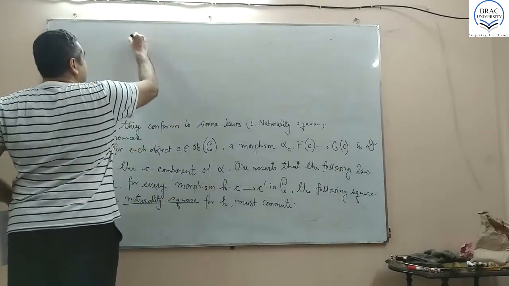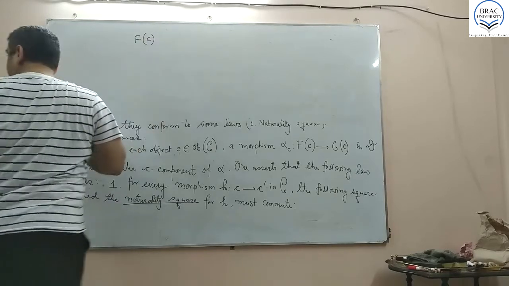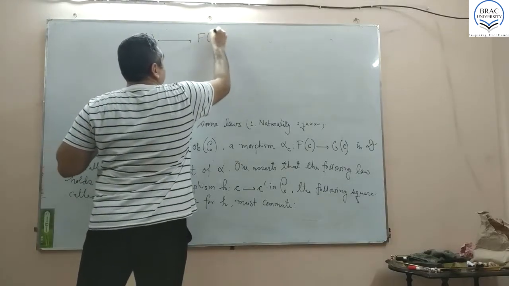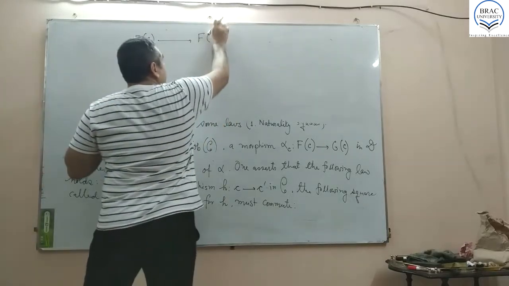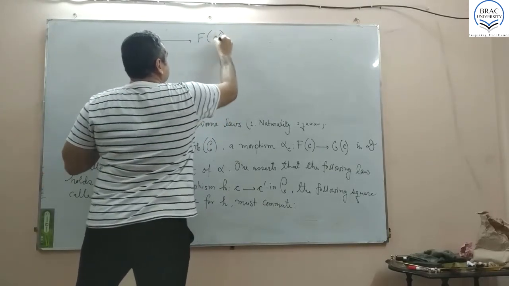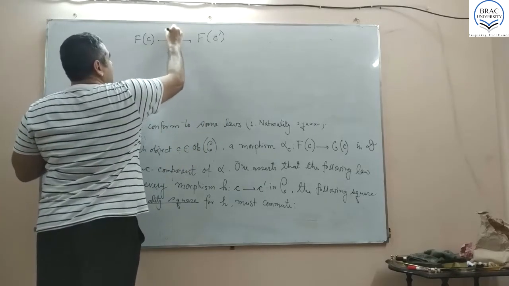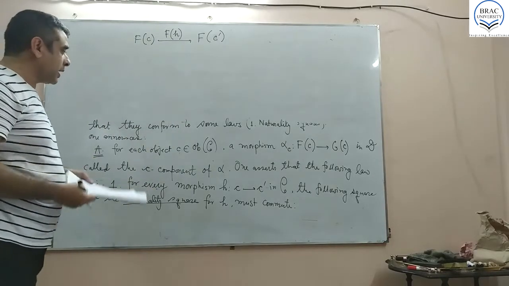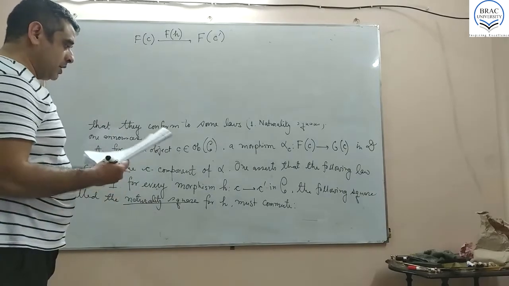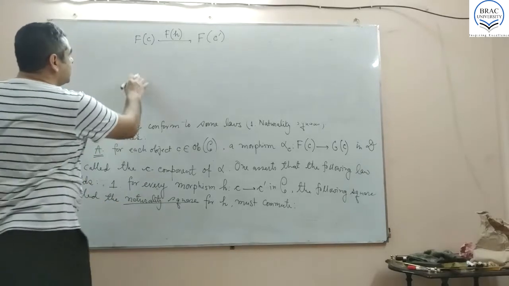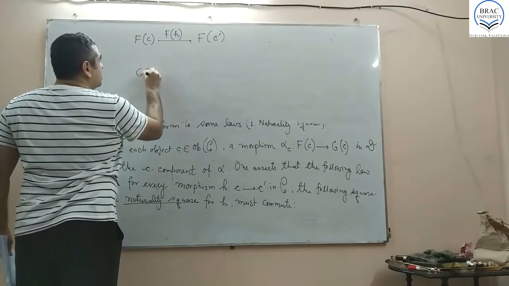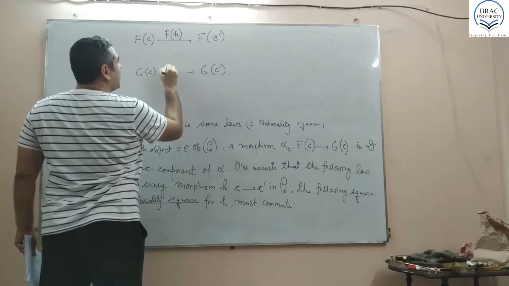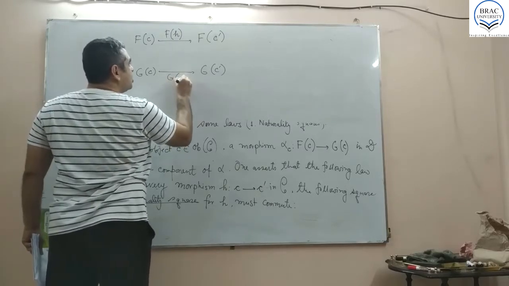Under H, FC is taken to FC prime under this morphism FH, because F is a functor between the categories C and D. And under the functor G, in this row, GC goes to GC prime with the morphism GH.